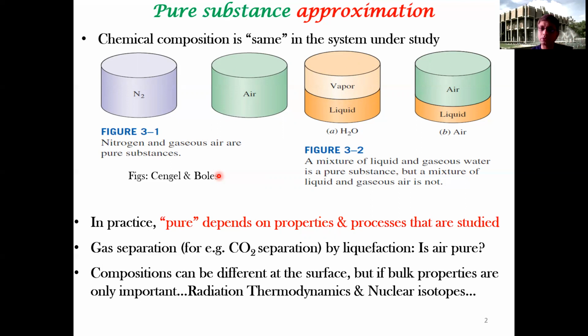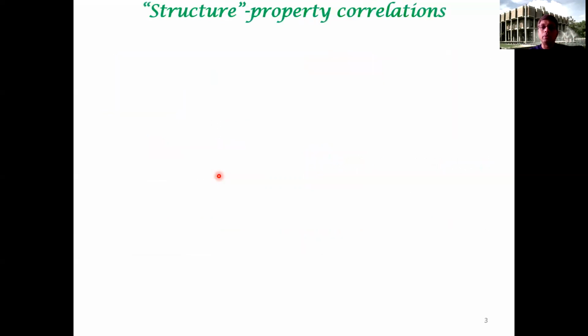These are some things which you have to think through. We will try to emphasize these points as we go along. When we say chemical composition, we are also thinking about certain kinds of structure, and in this lecture and the next few lectures, we'll be trying to correlate structure to thermodynamic properties.